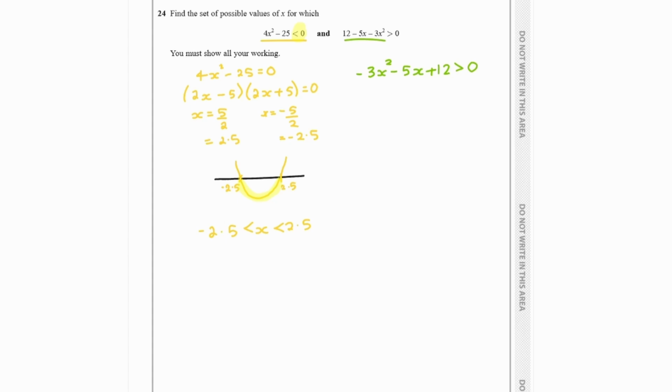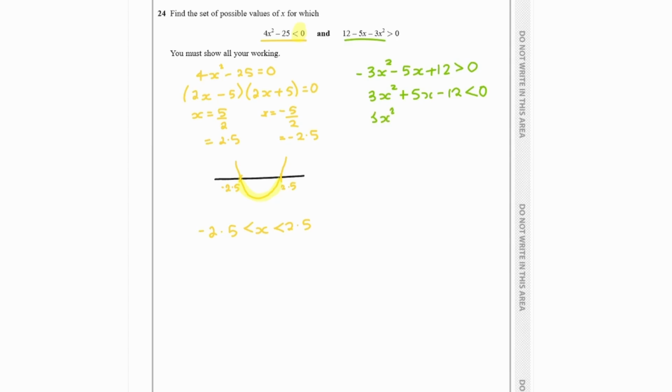If we now divide all through by minus 1 in order to make our coefficient of x squared positive, this inequality would now be 3x squared plus 5x minus 12, but because we have divided this inequality by a negative number, the sign would also change and now become less than 0.